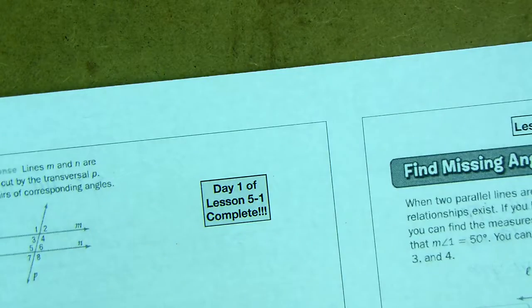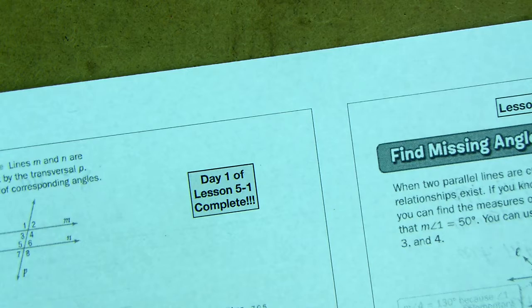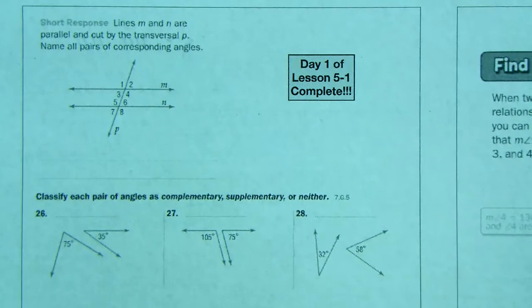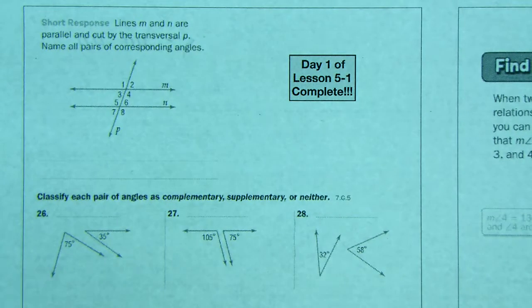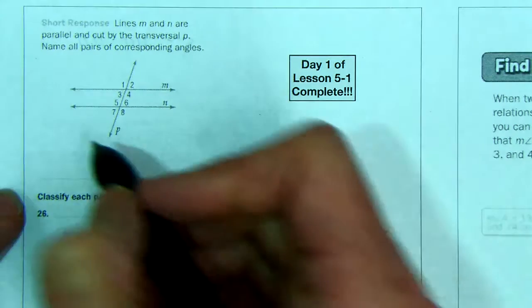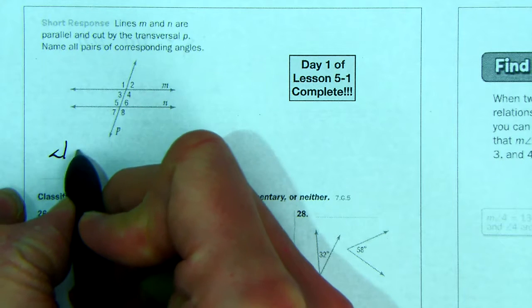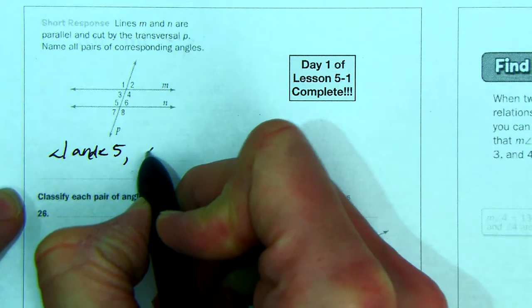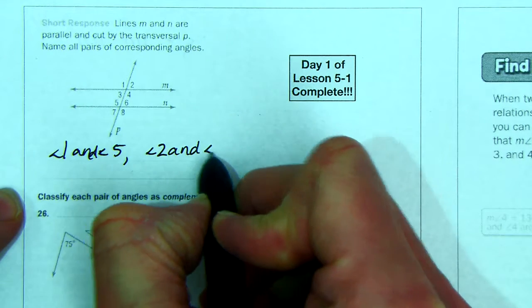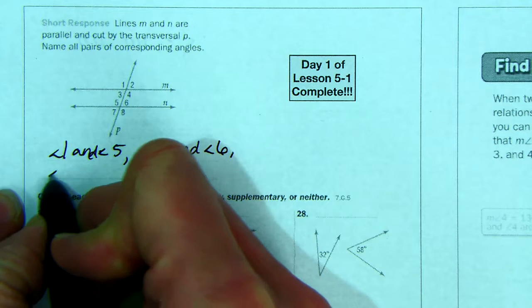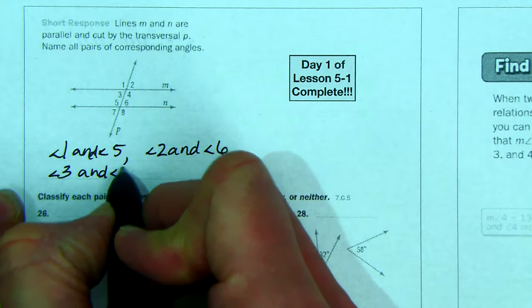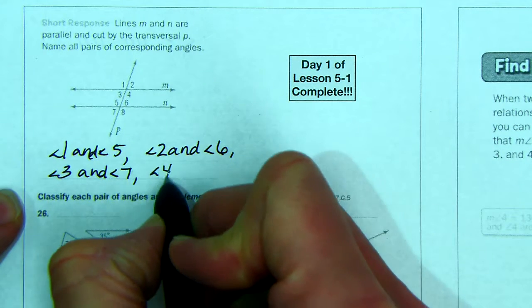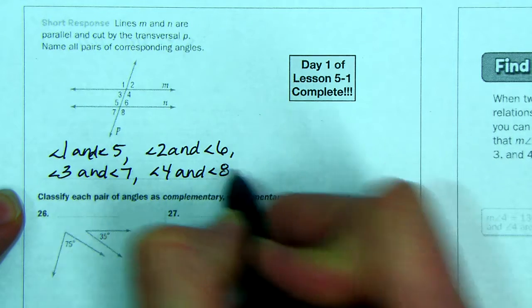All right, let's flip our sheet over. We've got one last sheet for today. As long as lines are parallel, they want you to name all the corresponding angles. So it should be angle 1 and angle 5, angle 2 and angle 6, angle 3 and angle 7, angle 4 and angle 8.